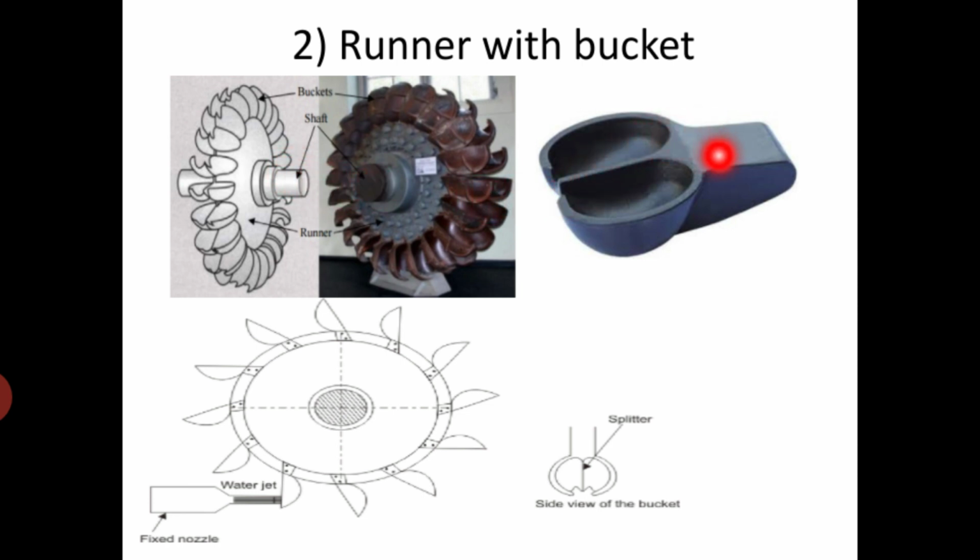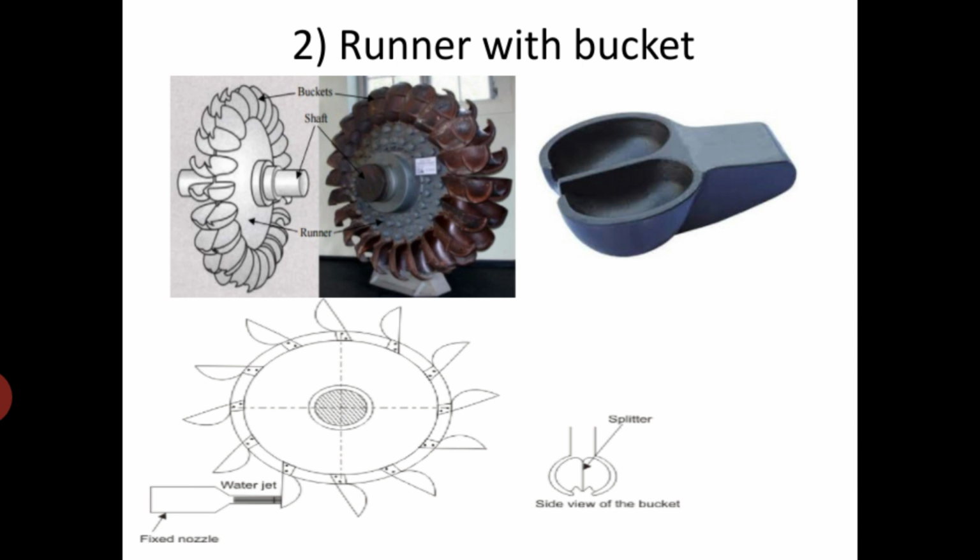This is the shape of the bucket. The shape of the bucket is like two spoons. When you join two spoons together, the shape you get is the shape of this bucket.